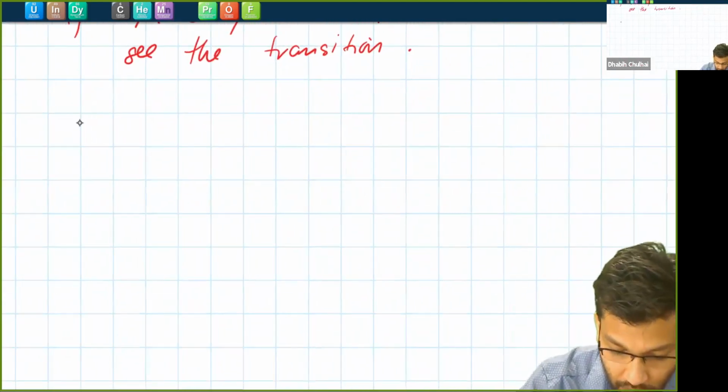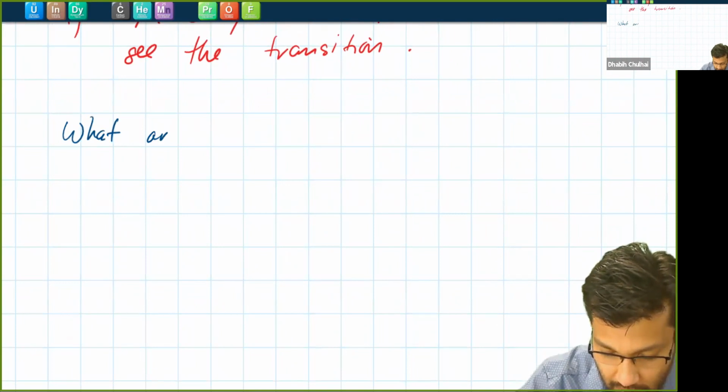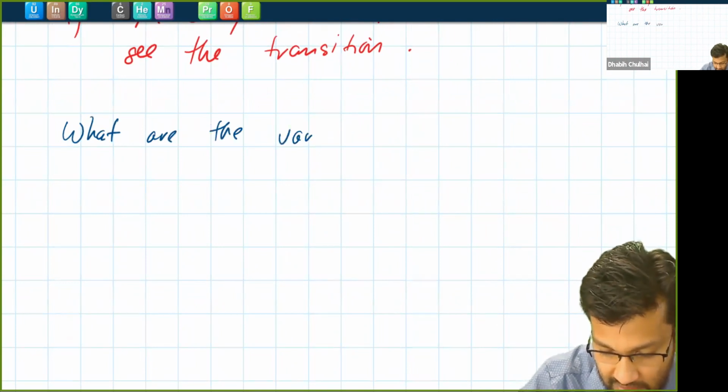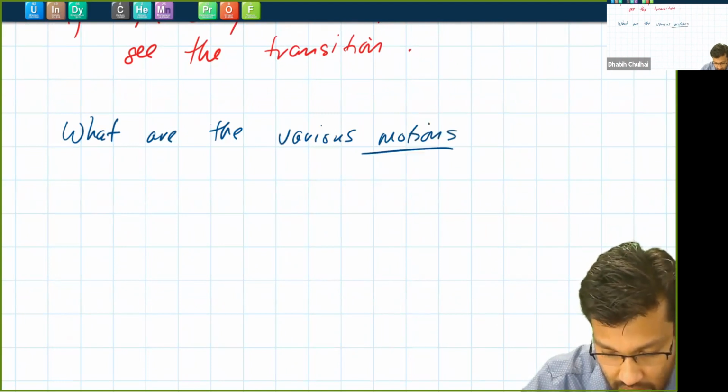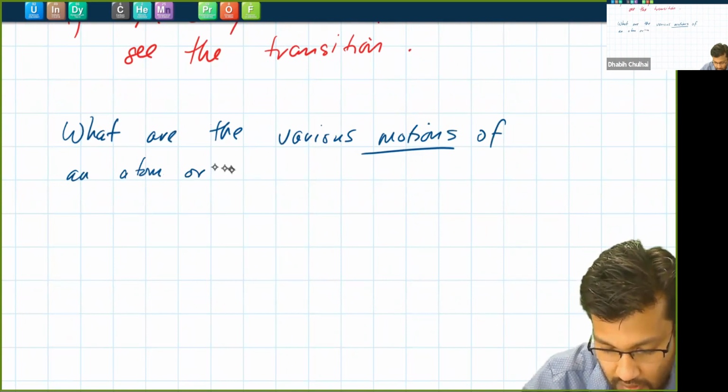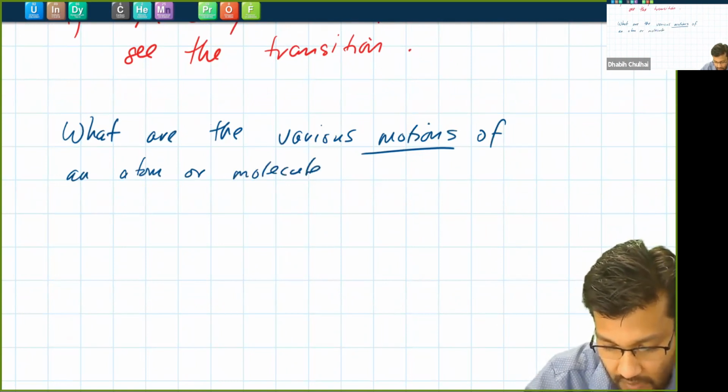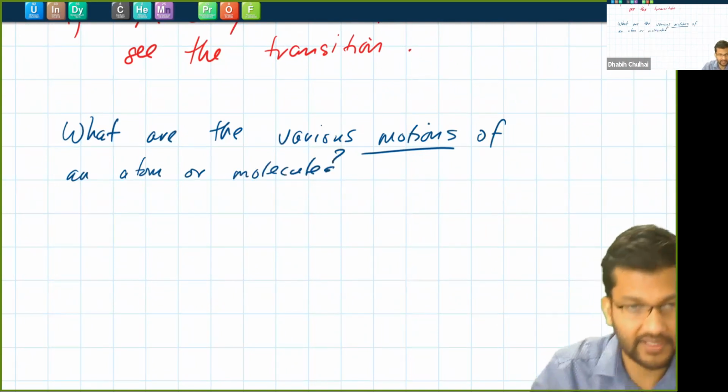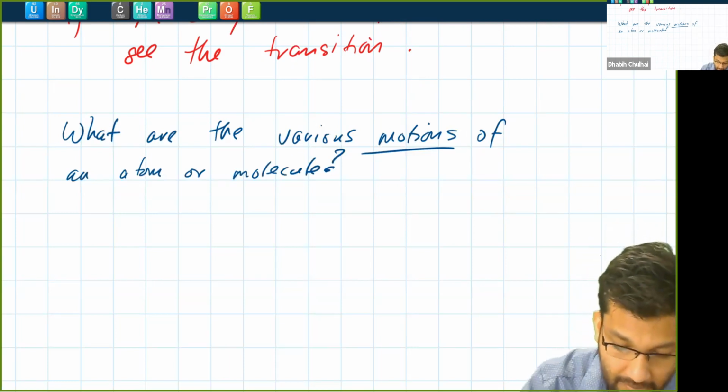So what are the various motions of an atom or molecule? Because that will determine the kinds of spectroscopy.